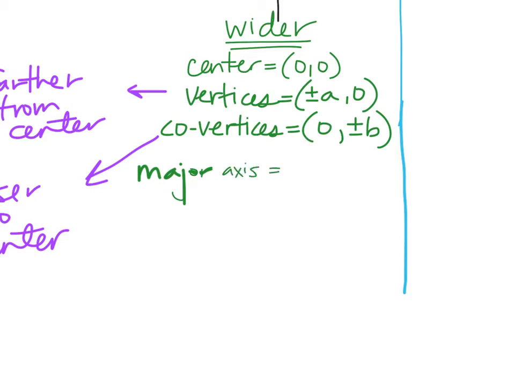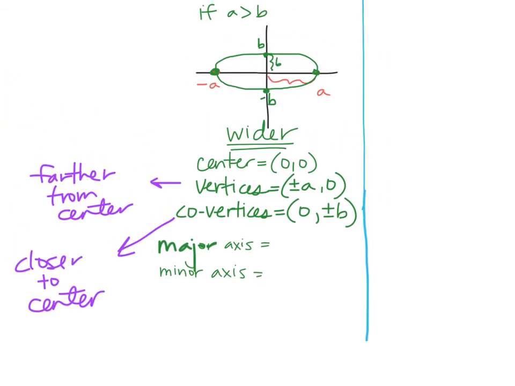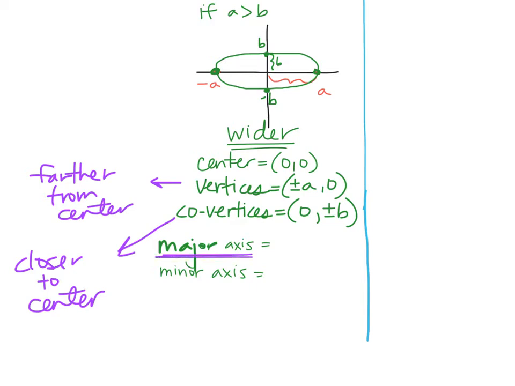Major axis and the minor axis. And you can kind of hear it in their names. The major axis is going to be the longer axis. So when we say major axis here, we're talking about this length.